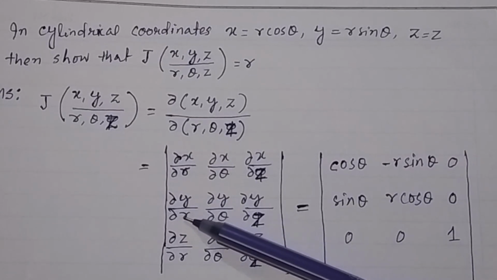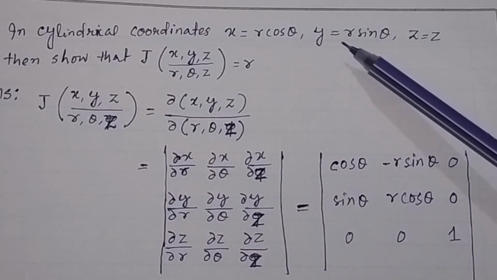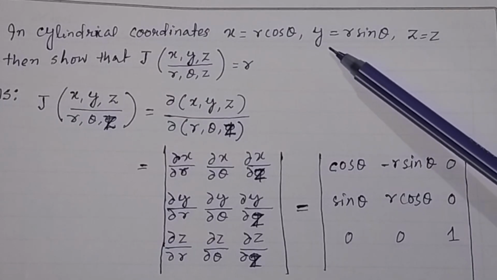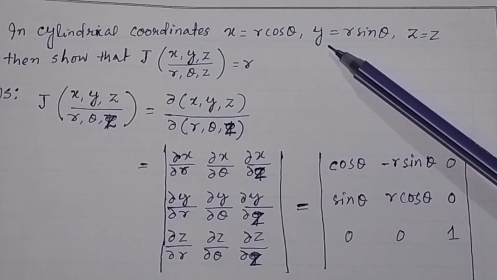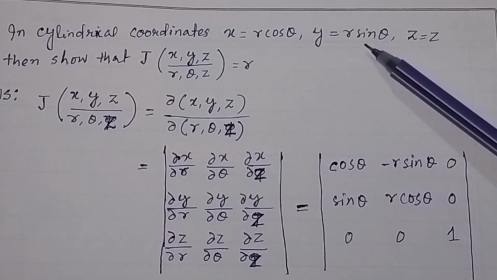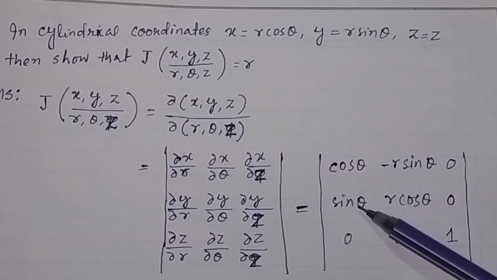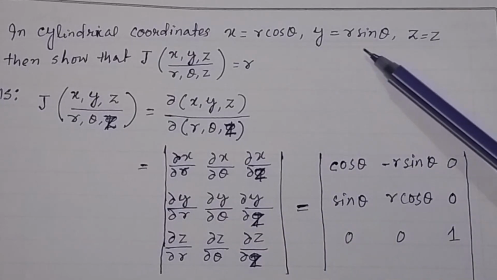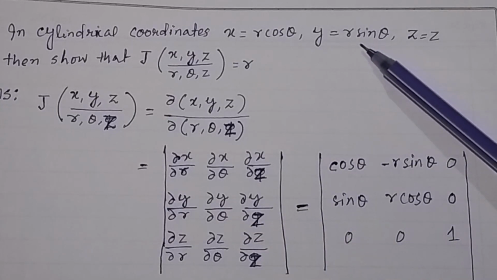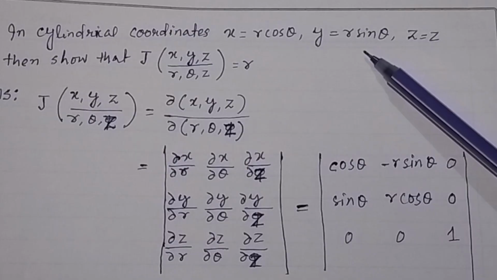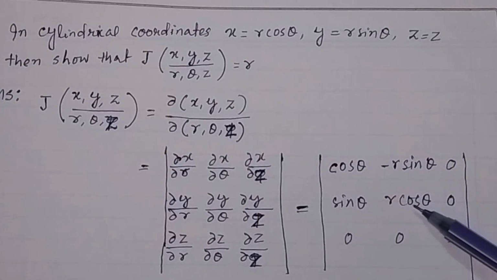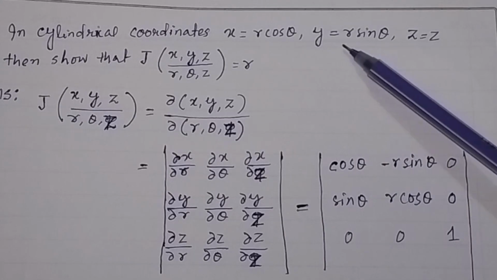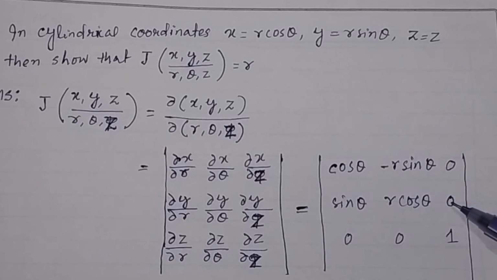Similarly, for the partial derivative of y with respect to r, y is equal to r sin theta, so this will be equal to sin theta. Then the partial derivative of y with respect to theta, that is r sin theta with respect to theta, is equal to r cos theta, and the partial derivative of y with respect to z is equal to 0.